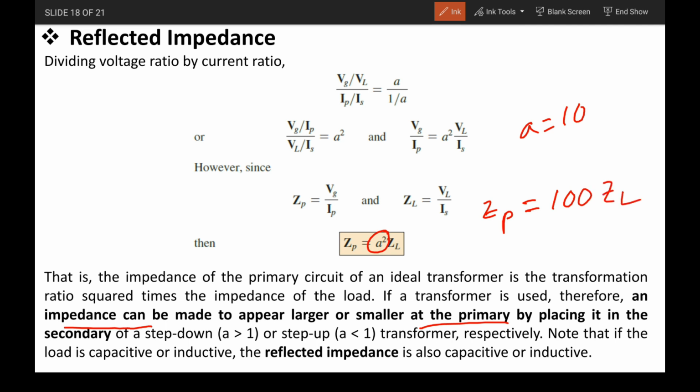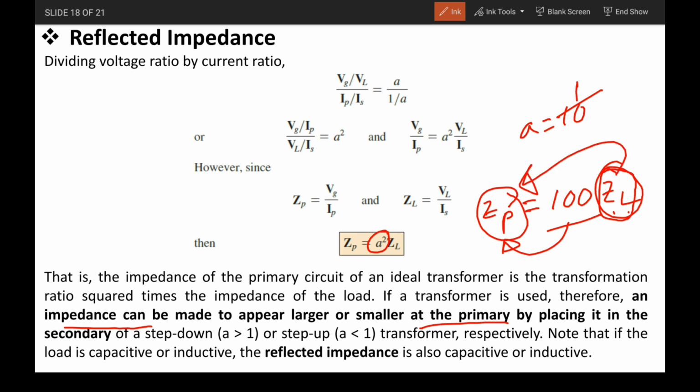So for that particular case, we can say that the secondary impedance, which was the load impedance, is increased to 100 times at primary. And if the transformer ratio is less than 1, then definitely the secondary impedance will be reduced at primary.